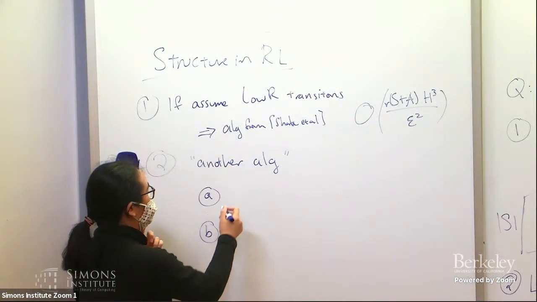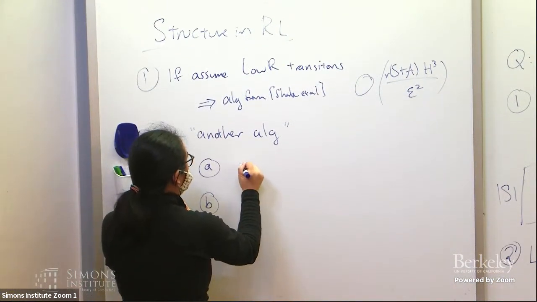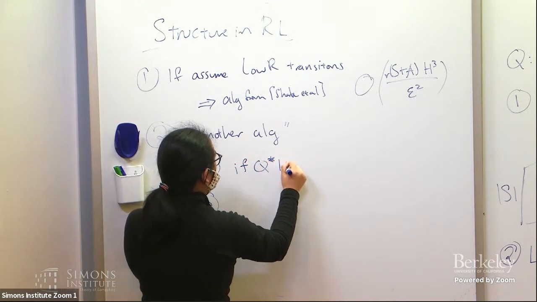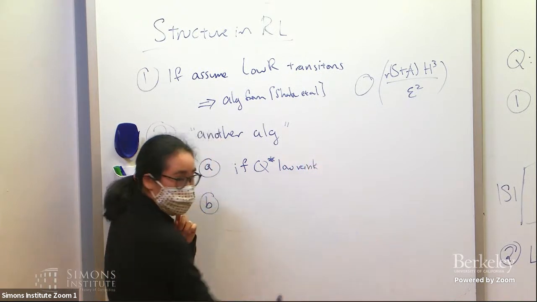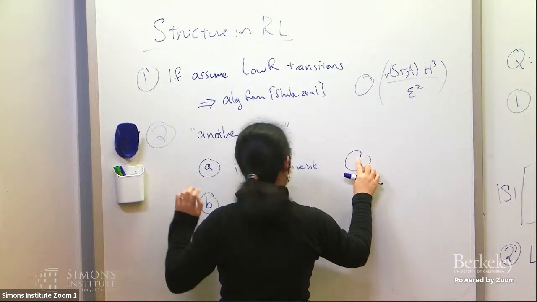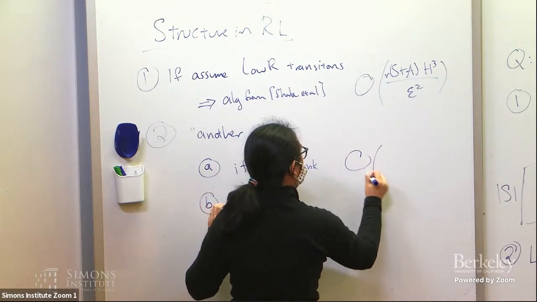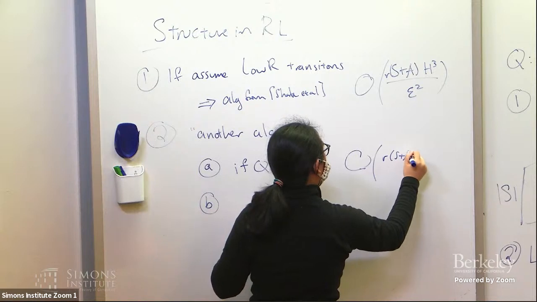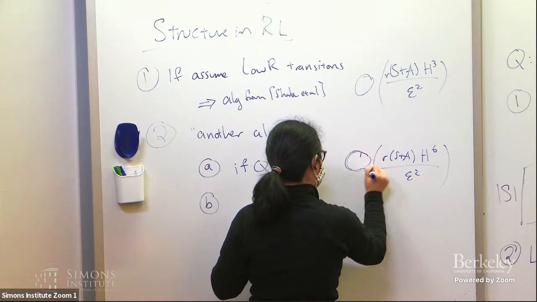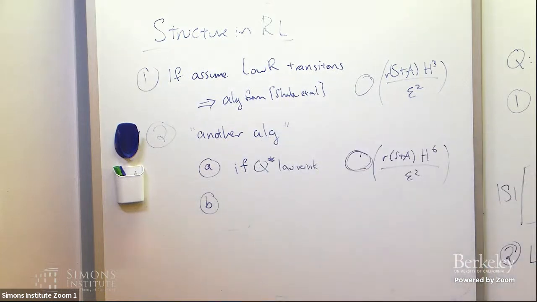With it, you can get Q star low rank without the condition on the low rank transitions, and a sample complexity of H to the sixth. We weren't very happy with the H to the sixth, but at least it doesn't blow up. That's actually the hardest part.